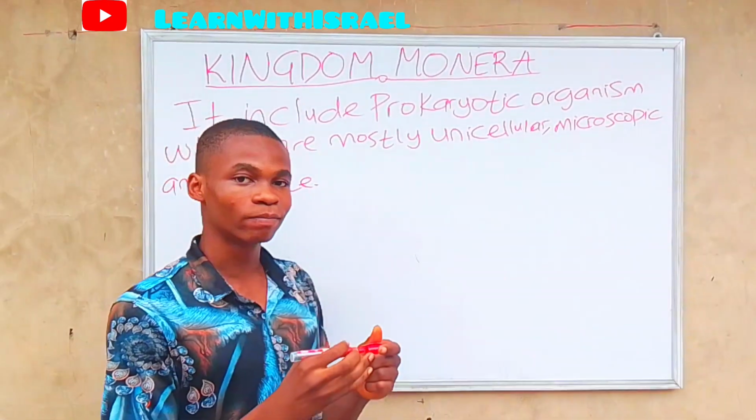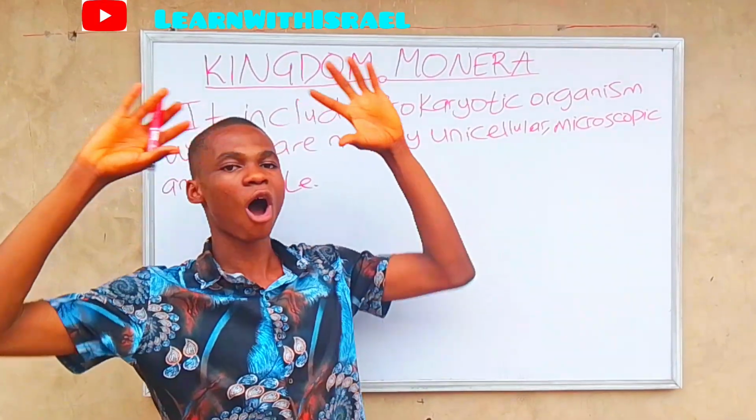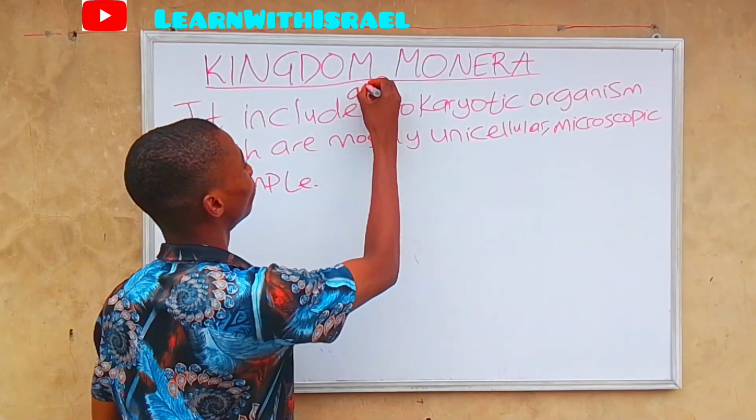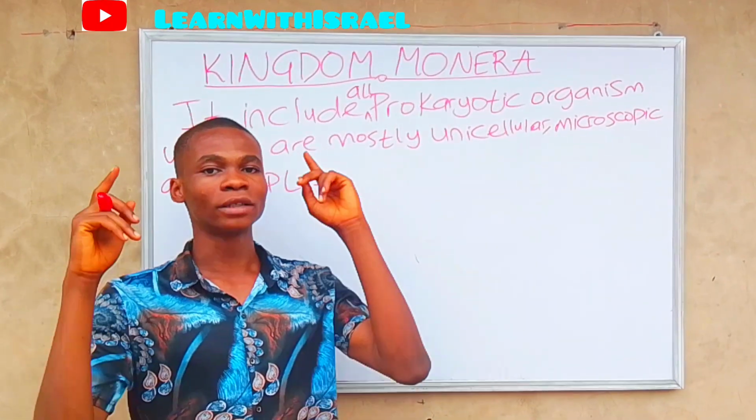So Kingdom Monerans include prokaryotic organisms, and not just some, it includes all prokaryotic organisms. So I'll be giving examples of Monerans.